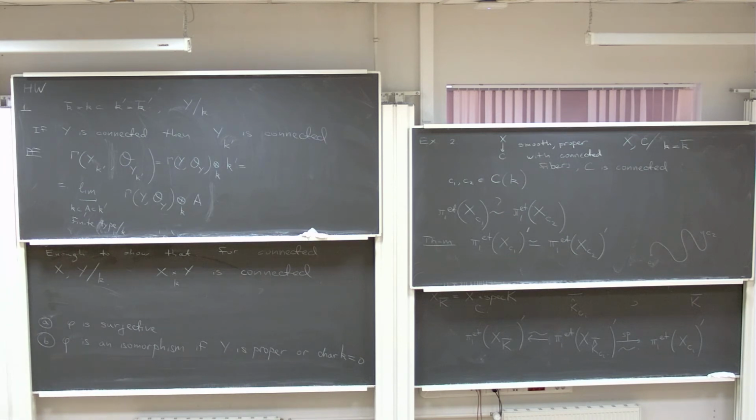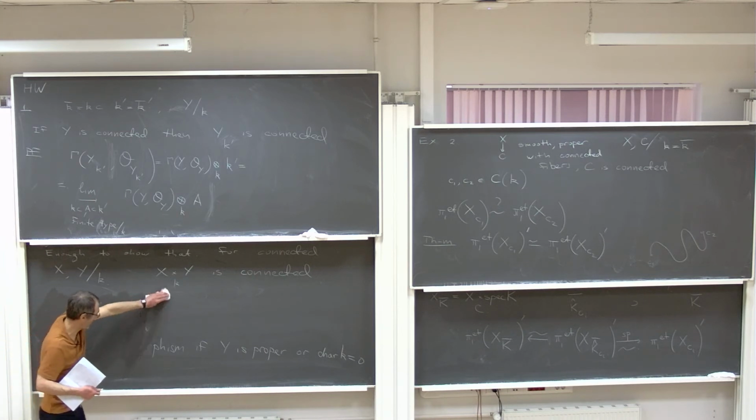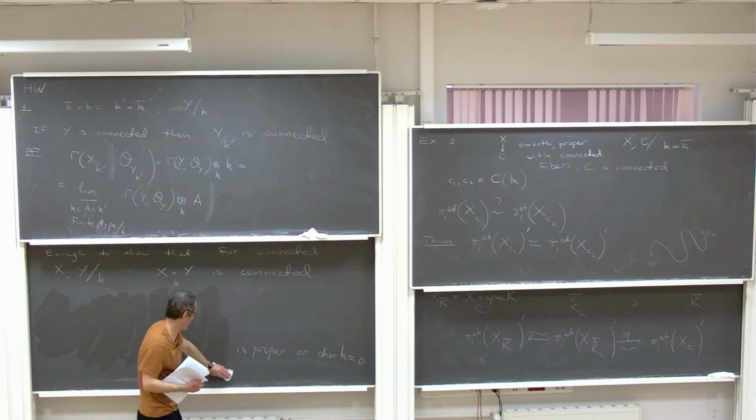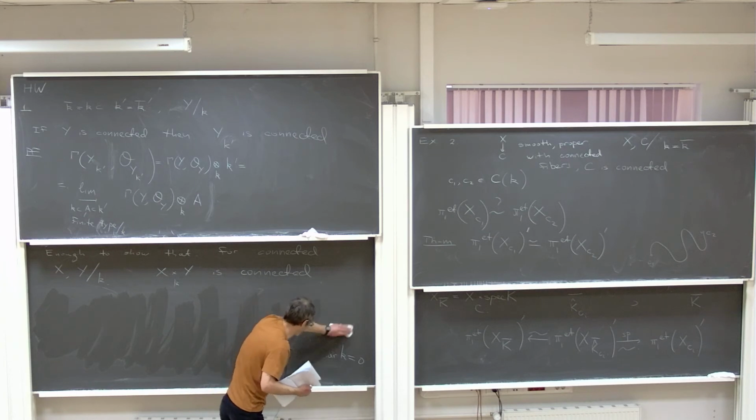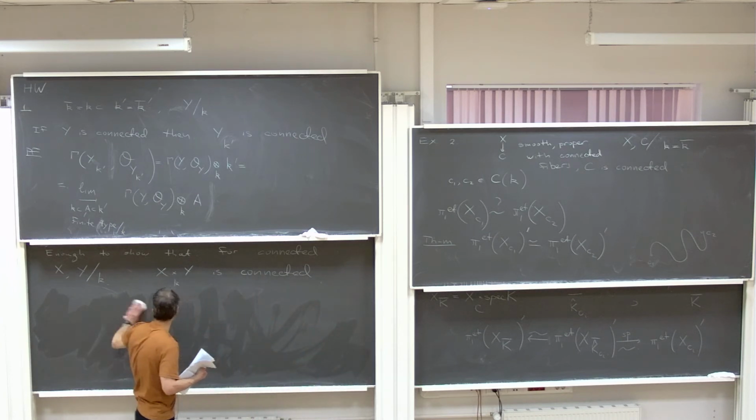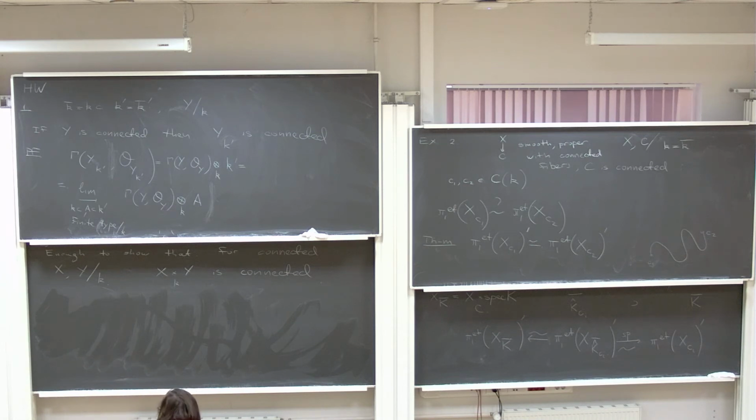And here is a very short, simple geometric argument for this that I learned from Stepan. It is much shorter and more understandable than the one in the Stacks project. So what you do is the following.